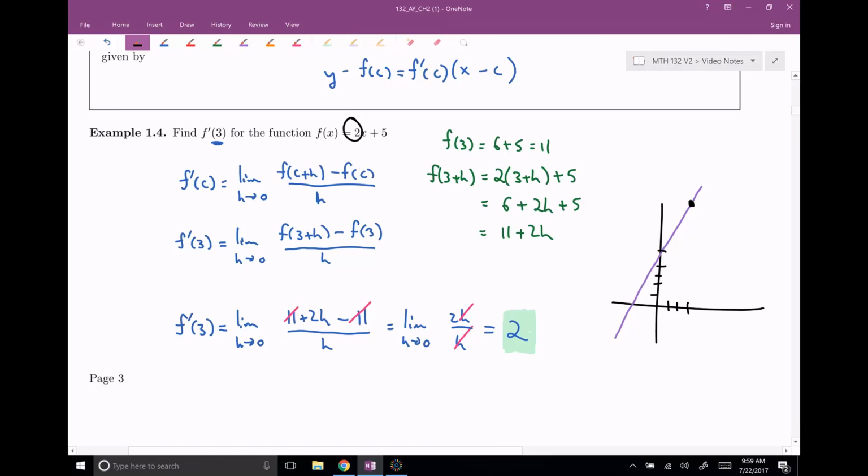Whether you're asking about the slope at 3 or the slope at 4 or the slope at 5 or the slope at negative 100 or whatever, for a straight line, the slope is always 2. So in this case, because of this 2x plus 5 right here, we knew that the slope should be 2 at this point. So this is a slick way to verify, but unfortunately it only works on straight lines. All right, but again, this was some practice using this definition of the derivative.